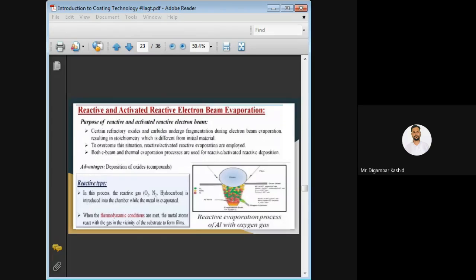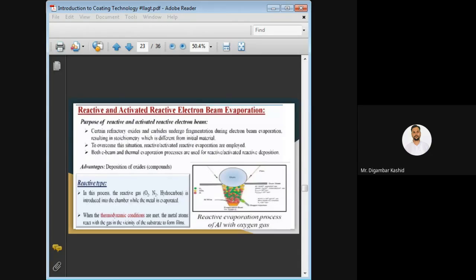So firstly, I will talk about this reactive type. So what is the reactive type? In this process, a reactive gas, generally oxygen, nitrogen or hydrocarbon, is introduced into the chamber while metal is evaporated.